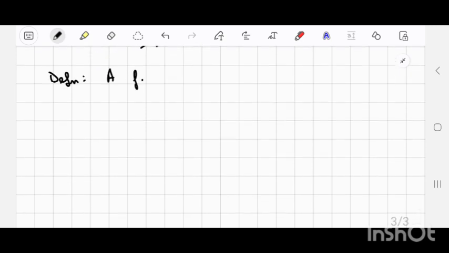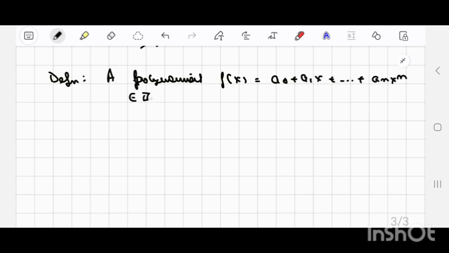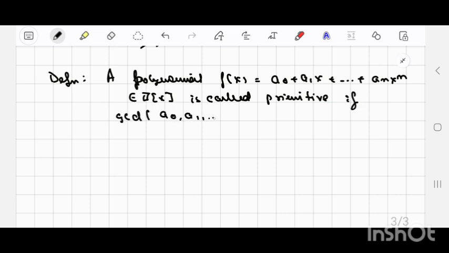Fine. Definition. A polynomial f(x) = a0 + a1x + ... + an x^n over Z is called primitive if the GCD of its coefficients is 1.